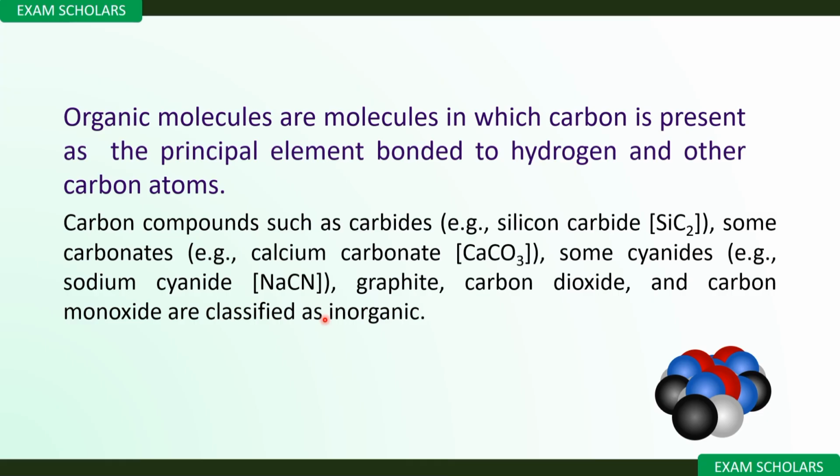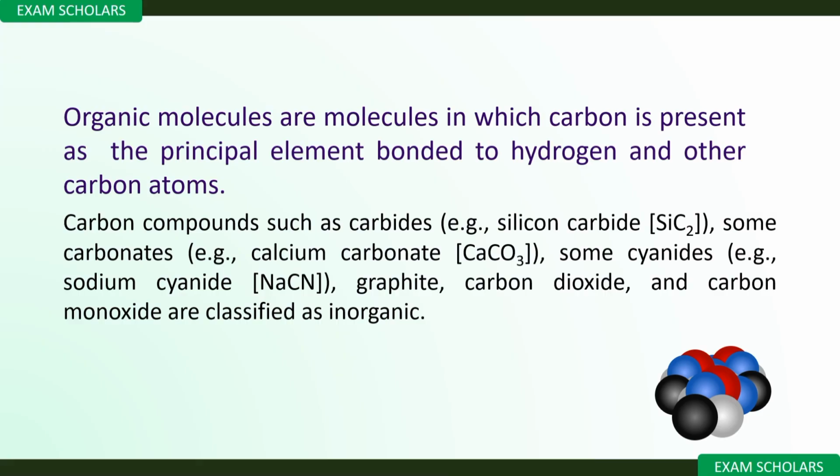They are not organic. Carbon is present here, but carbon is not the principal element. That is the difference between organic and inorganic compounds. So any compound that does not have carbon is an inorganic compound. Some compounds that have carbon, where that carbon is not dictating the behavior and is not the principal element, are also inorganic compounds.